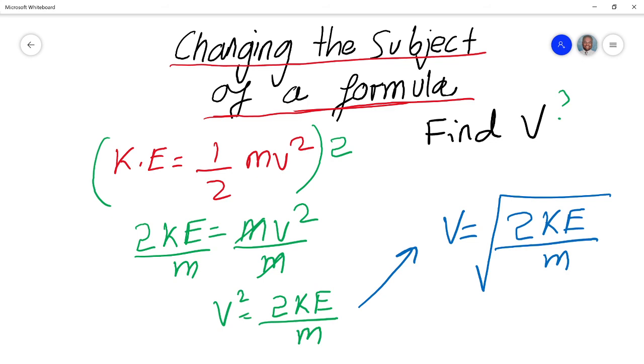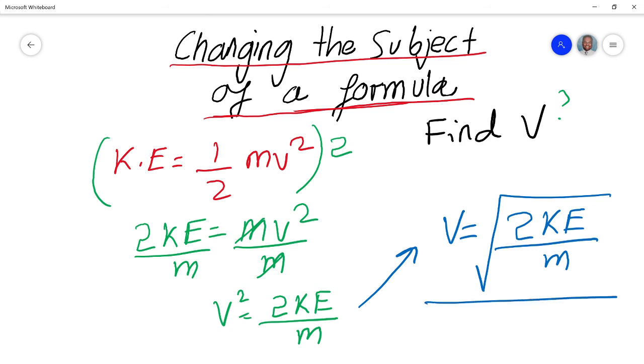So in other words, for example, 5 squared is 5 times 5, which is 25. And if you want to get the square root of 25, that's the sign. All right, so you can see the opposite of a square is a square root. So that's how we find and solve for v in this equation.